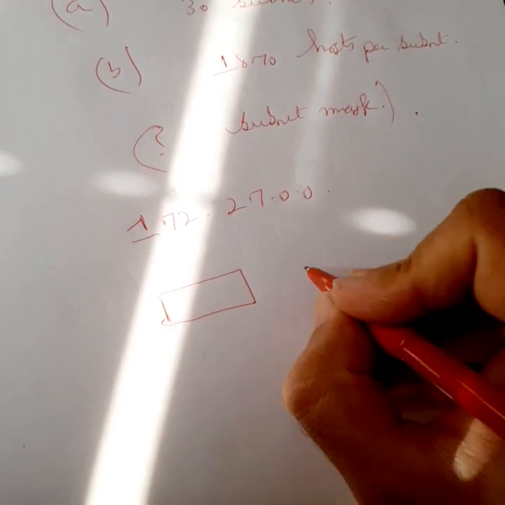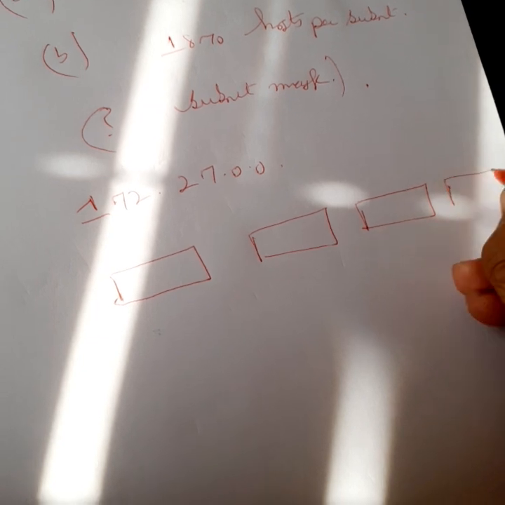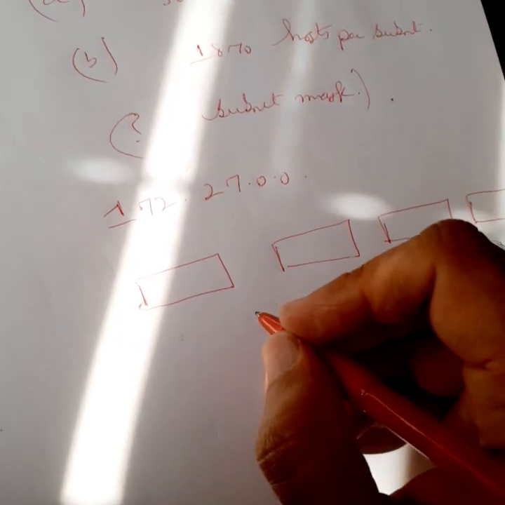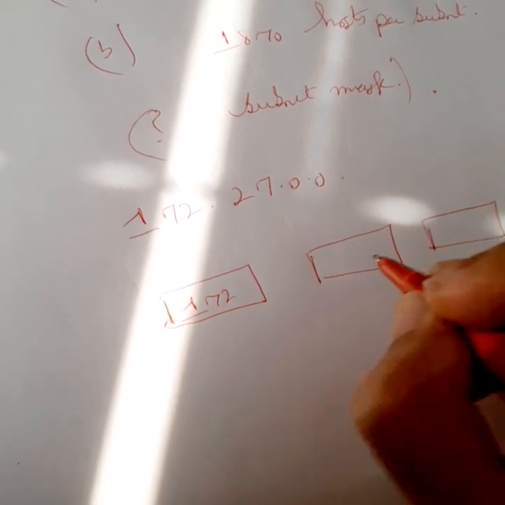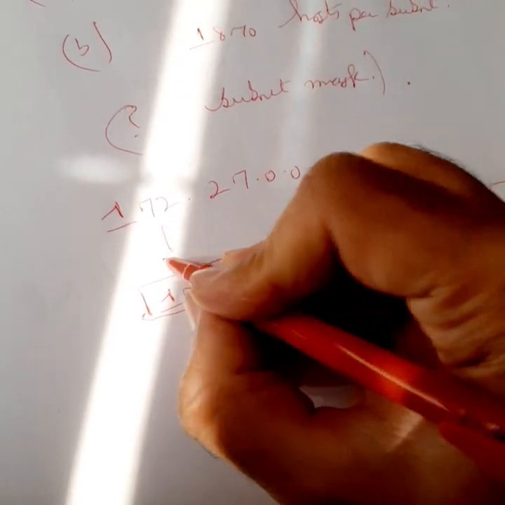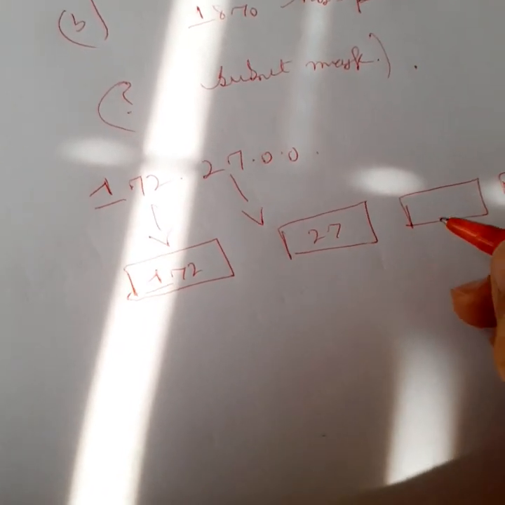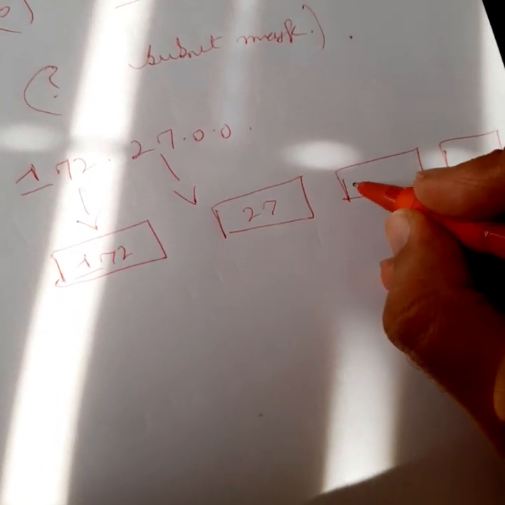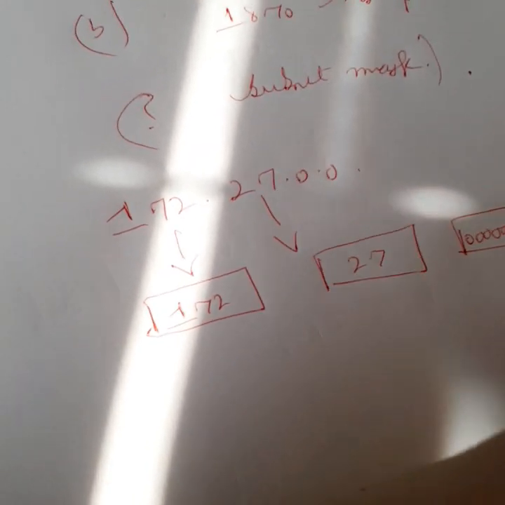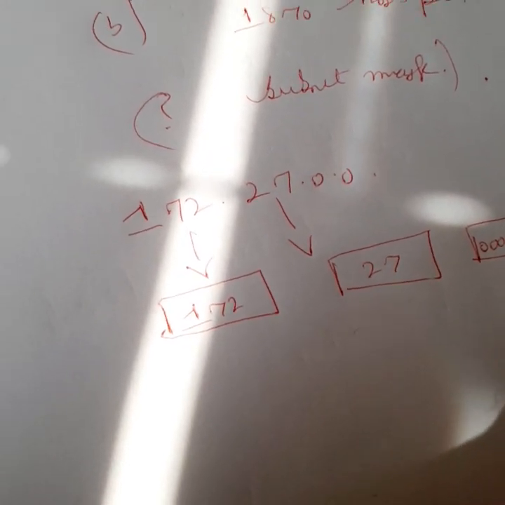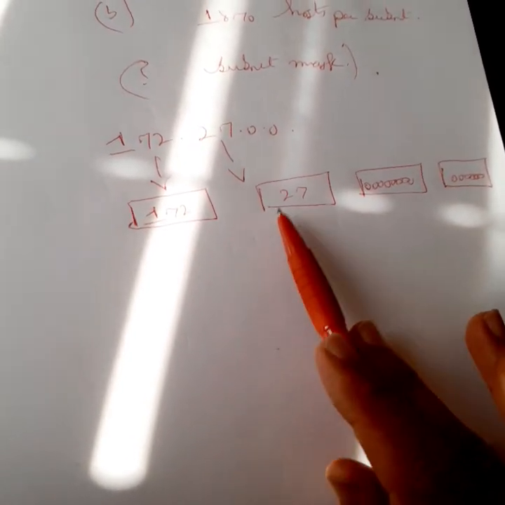We'll break it into 4 octets of 8, 8, 8, 8, which is 32 bits. So 172.27, just copy them down as they are. 1, 2, 3, 4, 5, 6, 7, 8. Just copy them down.